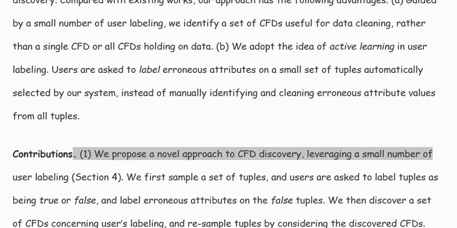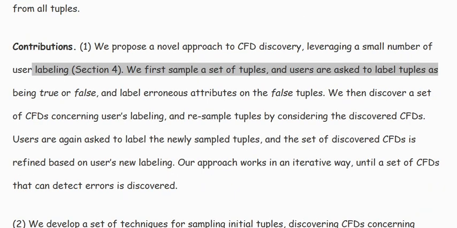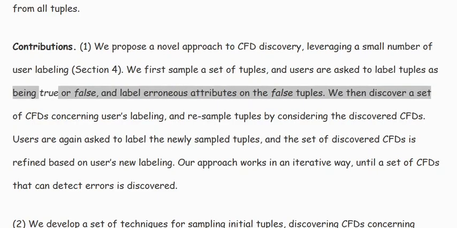Contributions. 1. We propose a novel approach to CFD discovery, leveraging a small number of user labeling, section 4. We first sample a set of tuples, and users are asked to label tuples as being true or false, and label erroneous attributes on the false tuples.